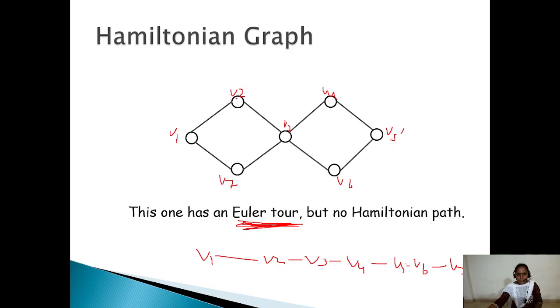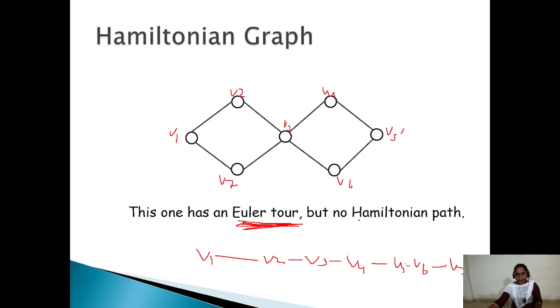V1 to V2 is one edge, V2 to V3 one edge, V3 to V4 one edge, V3 to V5 one edge, V6, V7. Here vertices may be repeated but edges will not be repeated. So V7 to V3, V7 to V1. No edge is repeated more than once. Here all edges are used only once. This is the Euler tour.